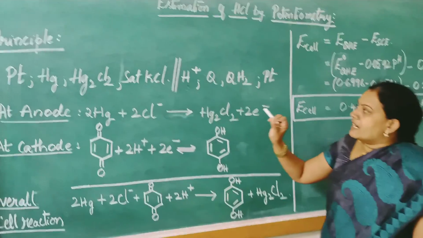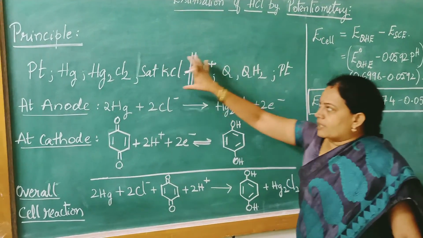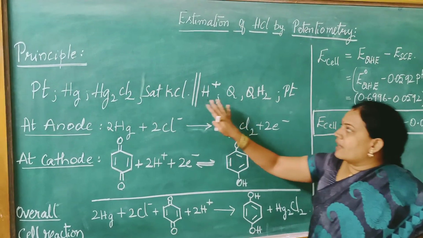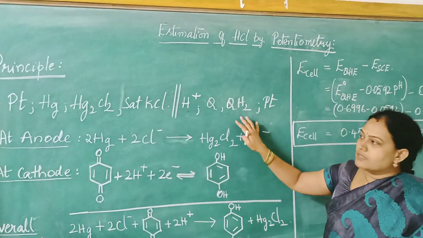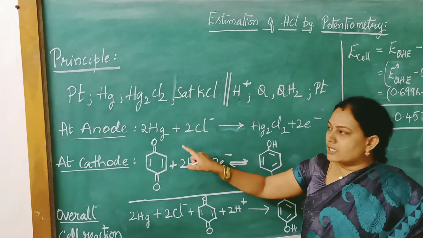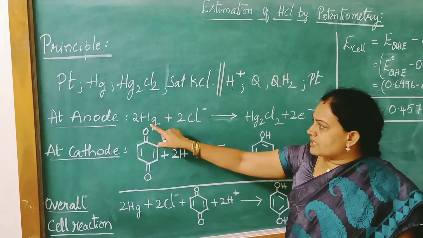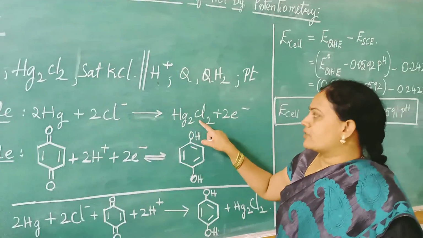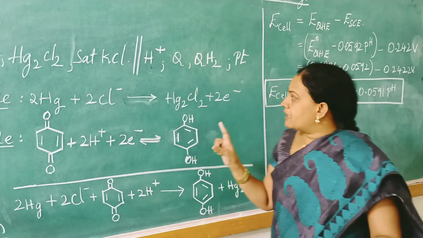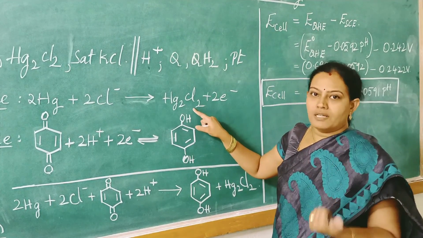Now this electrochemical cell involves an oxidation reaction and a reduction reaction. The oxidation reaction occurs at the calomel electrode and involves the oxidation of mercury to mercurous chloride, and every oxidation reaction involves the release of electrons.